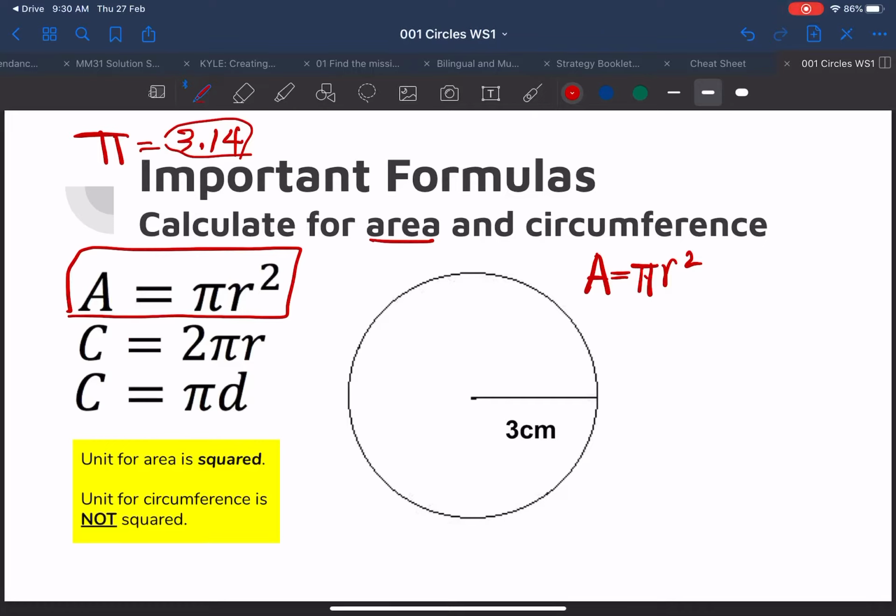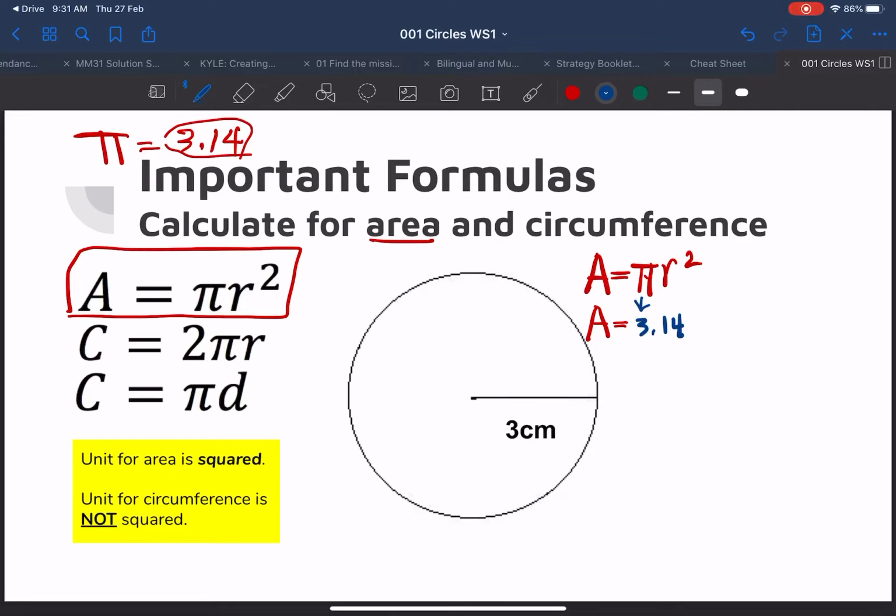The hardest part here is to know which formula to use. After that, all you need to do is to substitute. So we know area is equal to pi, and we know pi is 3.14, so I just substitute pi with 3.14. And then r, which is the radius.